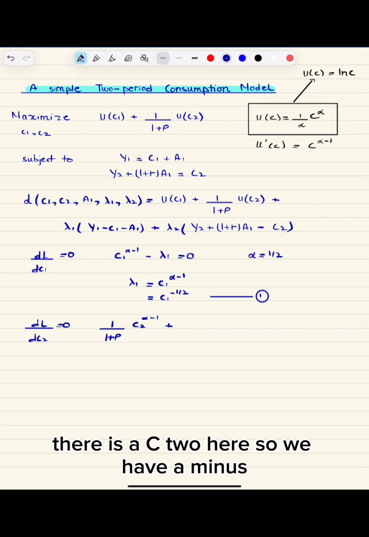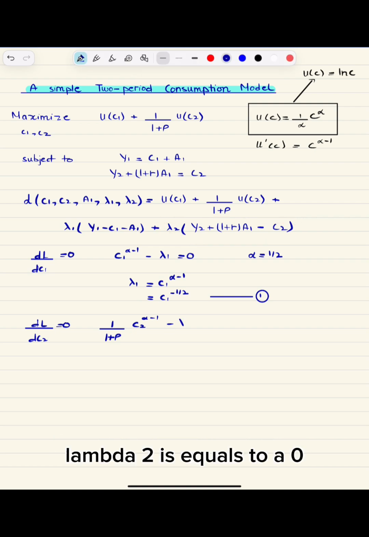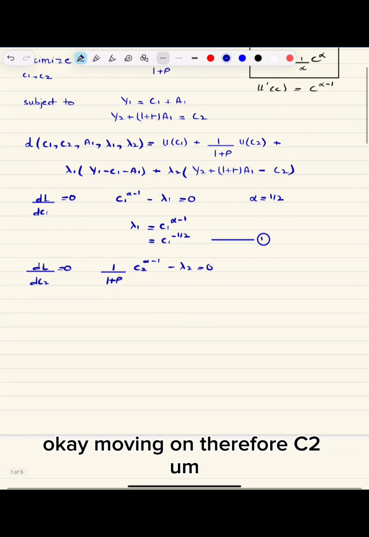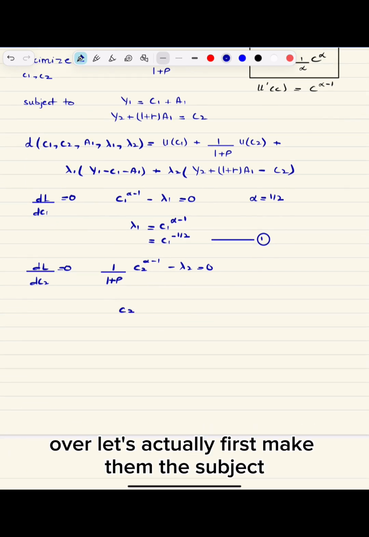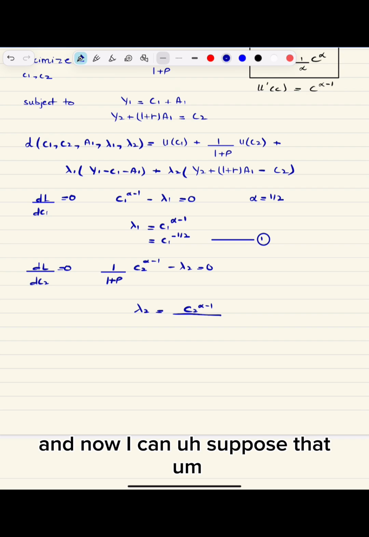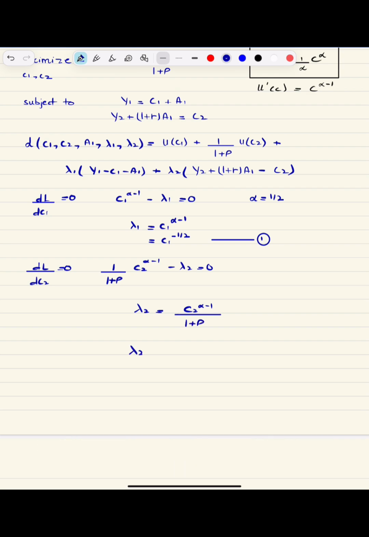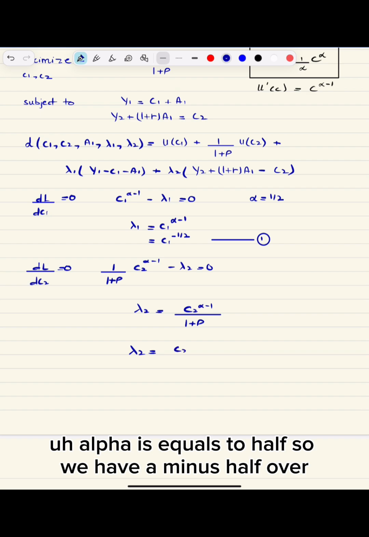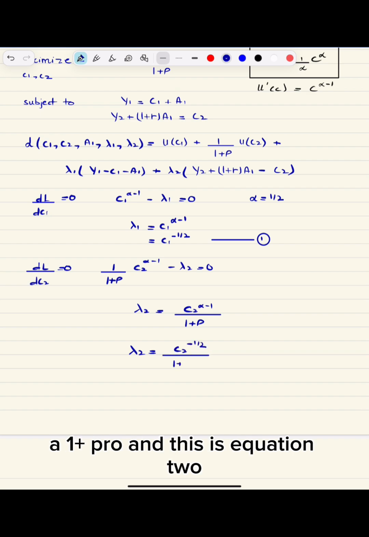So we have minus lambda 2 equals 0. Okay, moving on. Let's first make lambda the subject, and now I can suppose that alpha is equal to half, so we have C2 to the minus half over 1 plus rho, and this is equation 2.